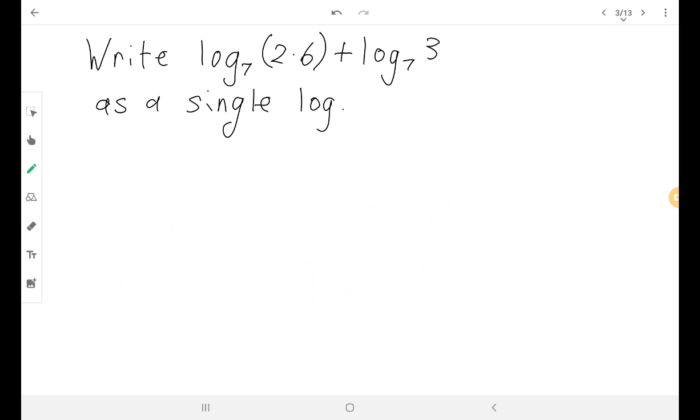So now let's talk about expanding something, or condensing something a little bit more. So here's a thing, and let's talk about writing it as a single log, as a single logarithm. It helps us out that the bases are the same. Otherwise, this is a really, really difficult problem.